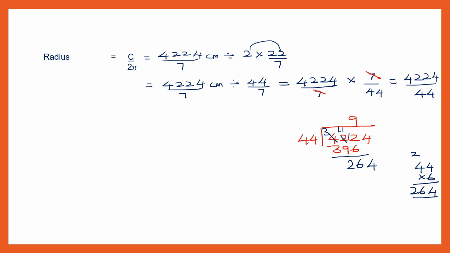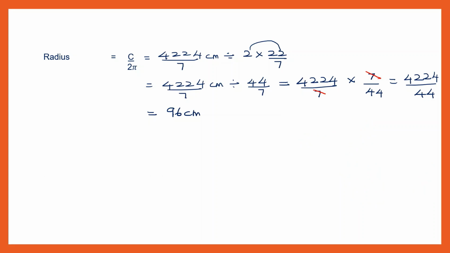Yes, we've got 264. So that is 44 into 6 is 264. Now when you minus, you get 0. So now we've got 96. So we have found the radius to be 96 centimeters.